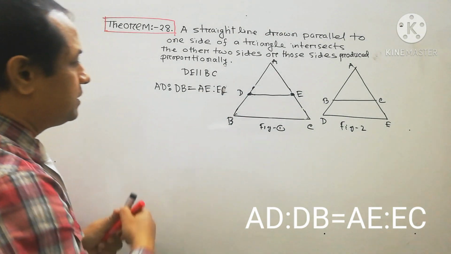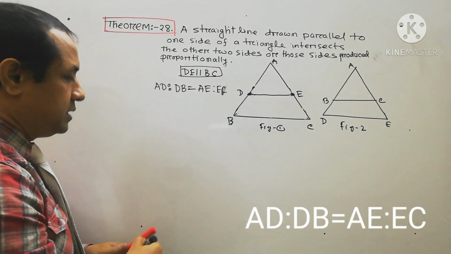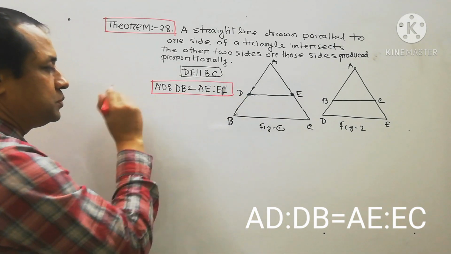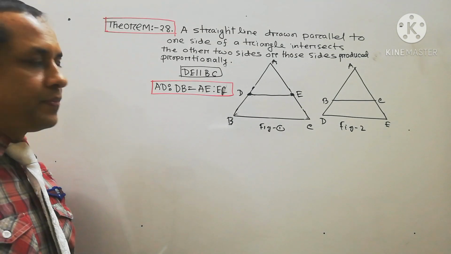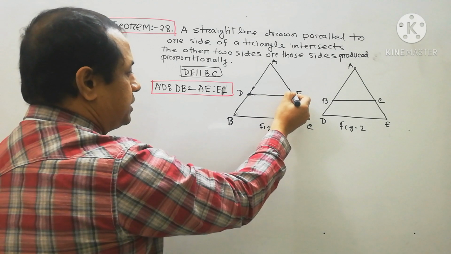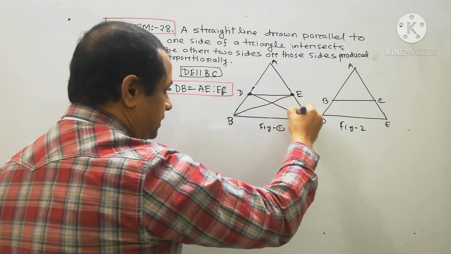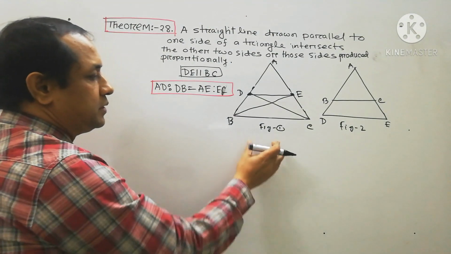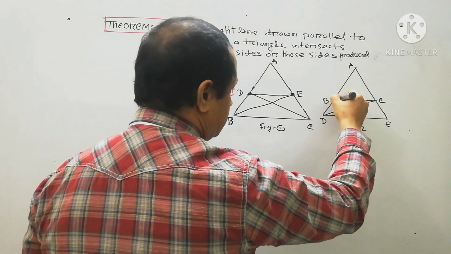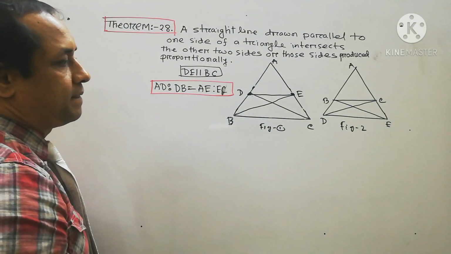Given DE parallel to BC. Now drawing: joining points B and E and joining points C and D in figure 1. Similarly in figure 2, C and D, B and E.